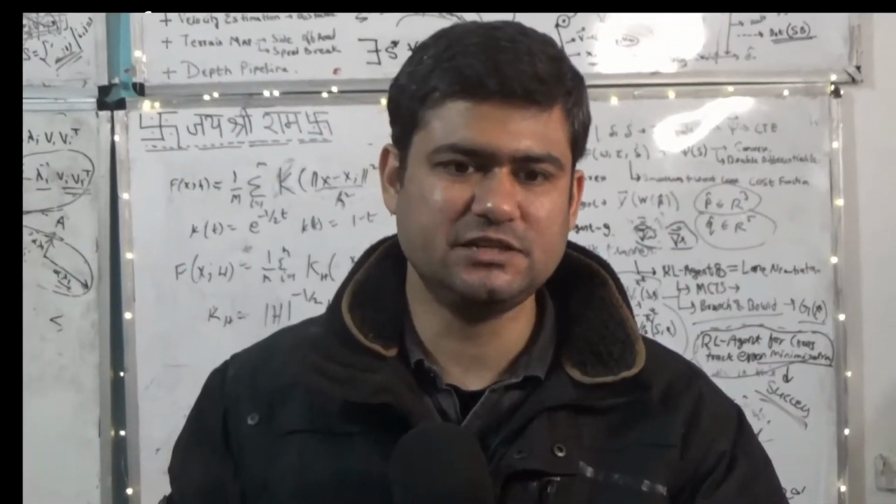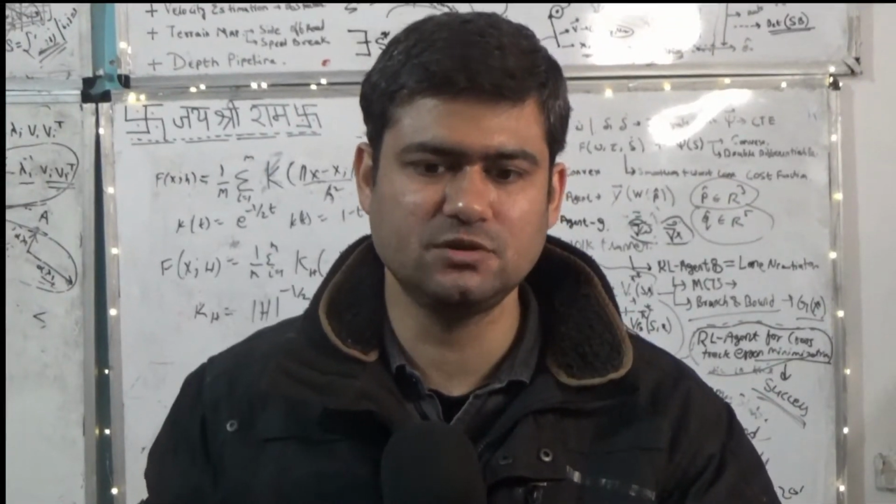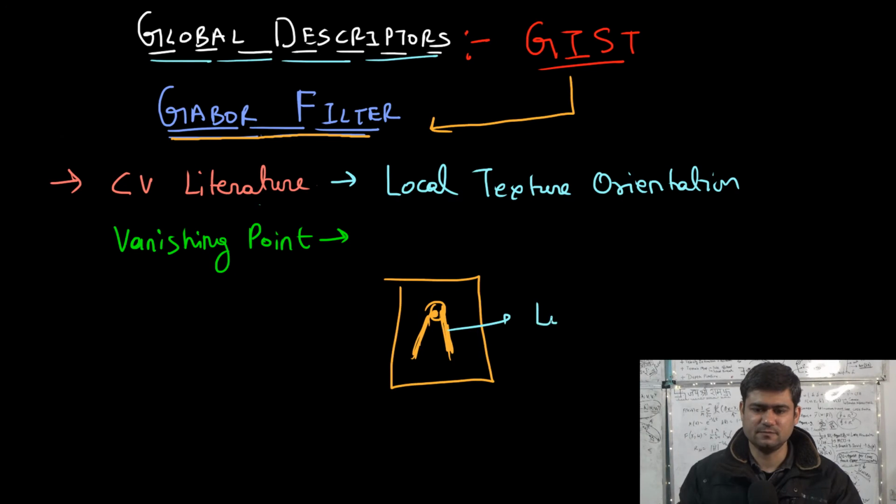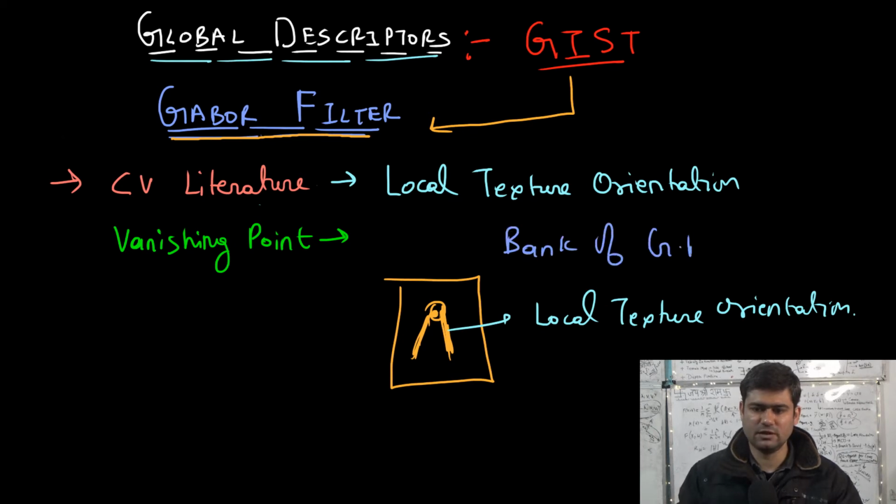To compute the vanishing point, you'll have to compute the local texture orientation. Often a bank of Gabor filters is used to compute the local texture orientation and then to compute the vanishing point in images.